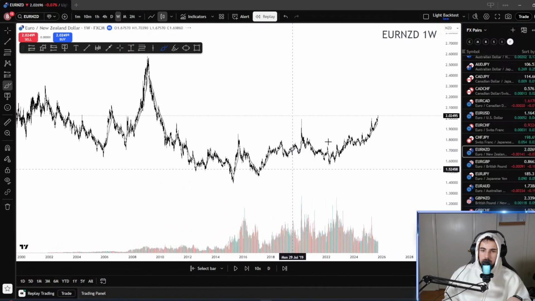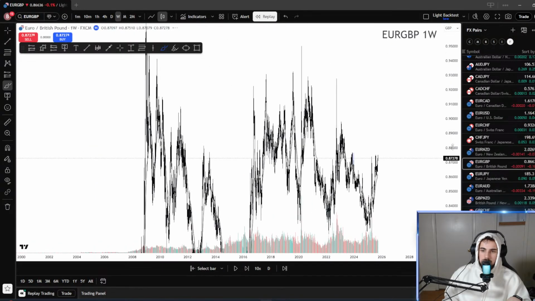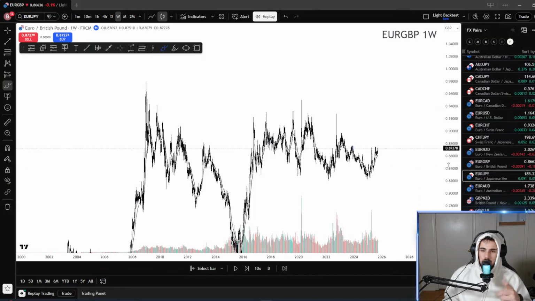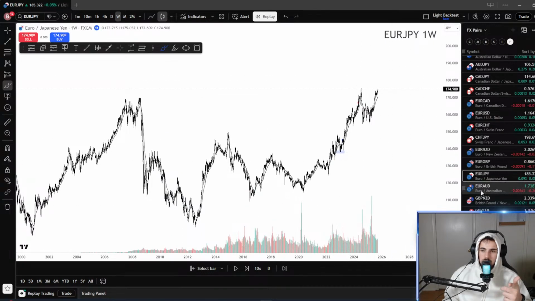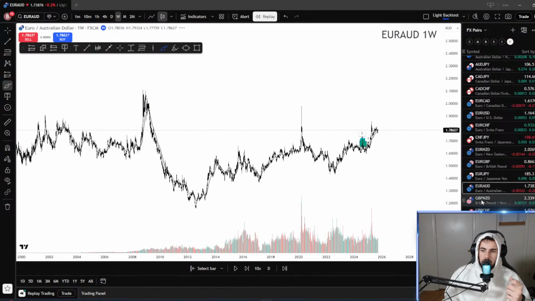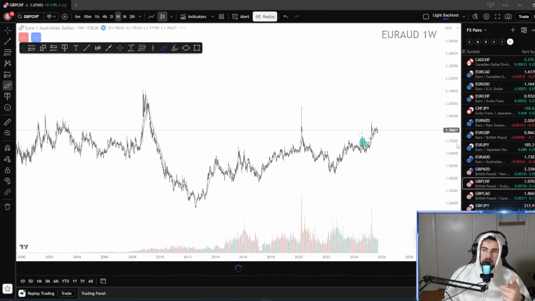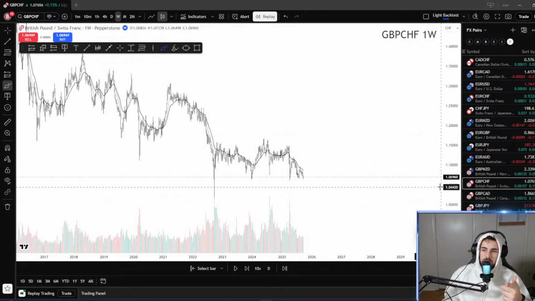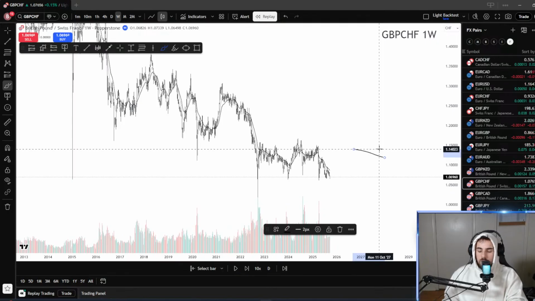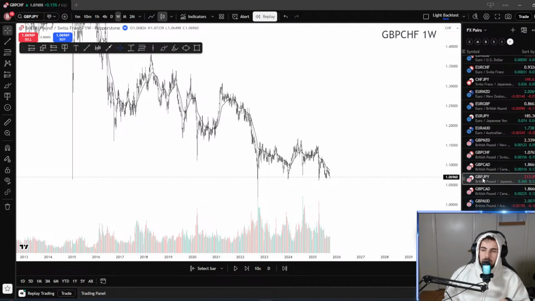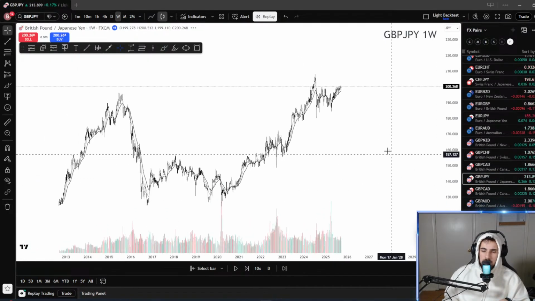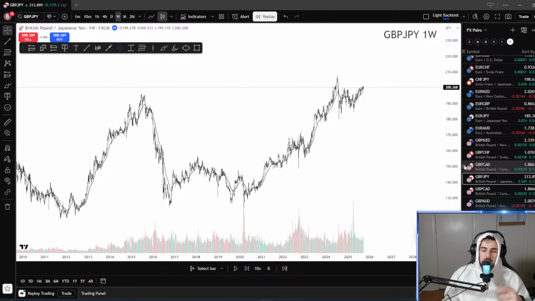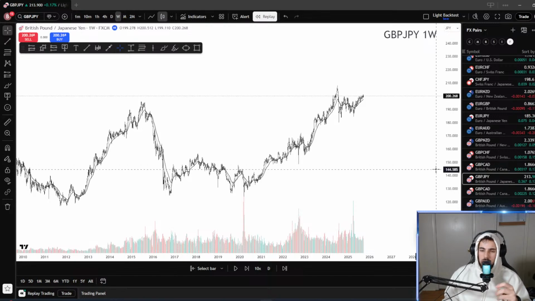This one's crap. This one's crap. Oh my god, how are you trading this? This one's okay. But a lot of these you can't even trade because I forget what they're called in Forex. They're not offered on main Forex brokerages, I think. You just trade the major pairs mostly, right? Not the minor pairs or whatever you call them.